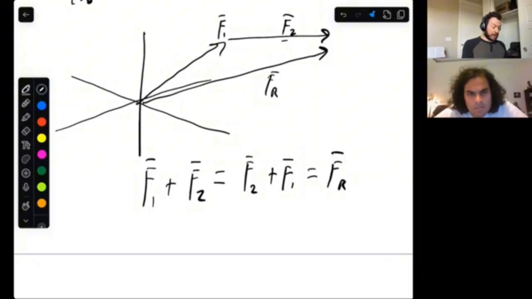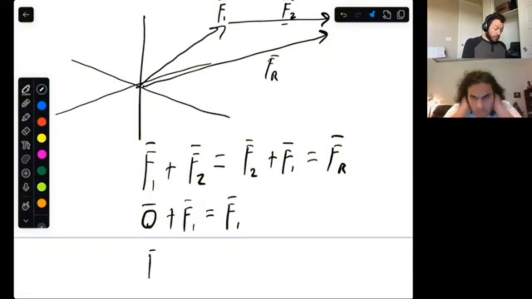All right, what's another property? Another property is that there's a force that's zero quantity, and if you add that force to a force, you get the same quantity, okay? What's another property?